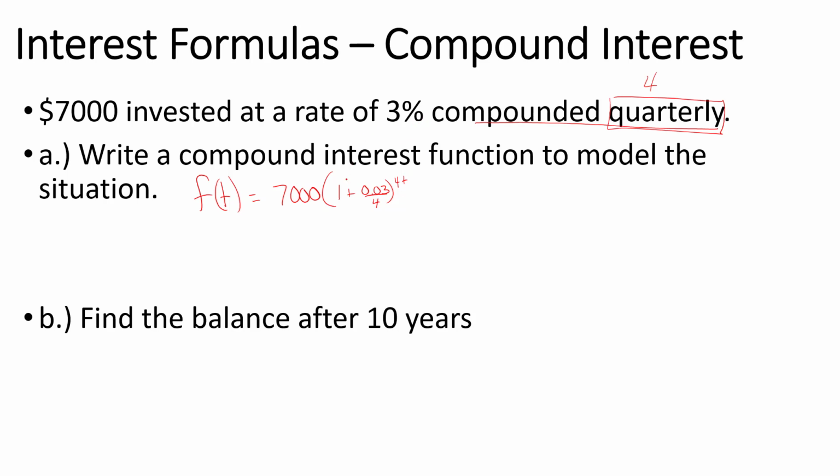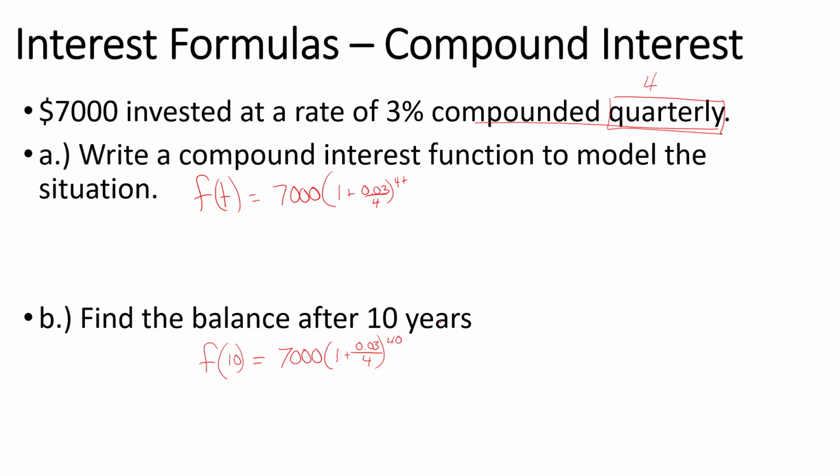Okay. Well, now we want to find the balance after 10 years. Well, the only difference is we're plugging in a 10 for t. So f of 10 is equal to 7,000 times 1 plus 0.03 over 4 raised to the 4 times 10, which is 40th power.